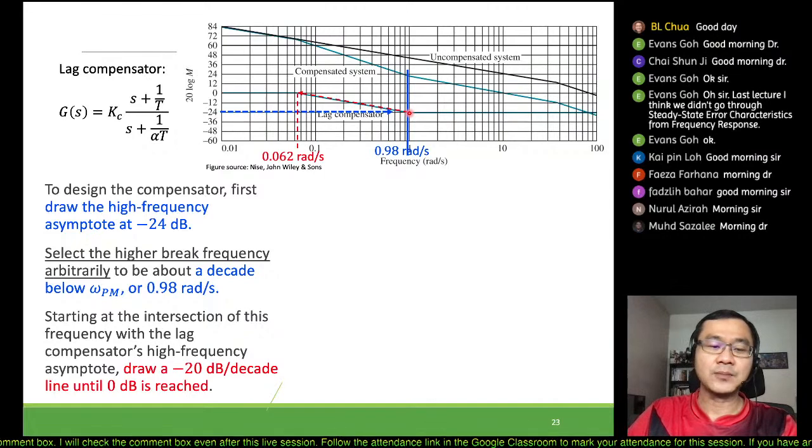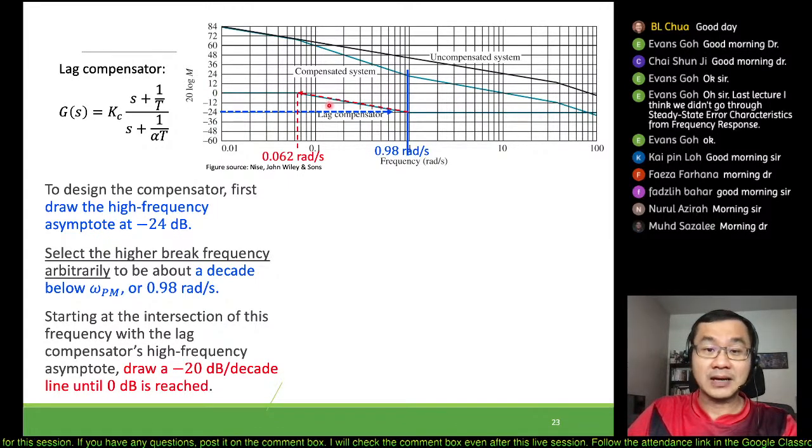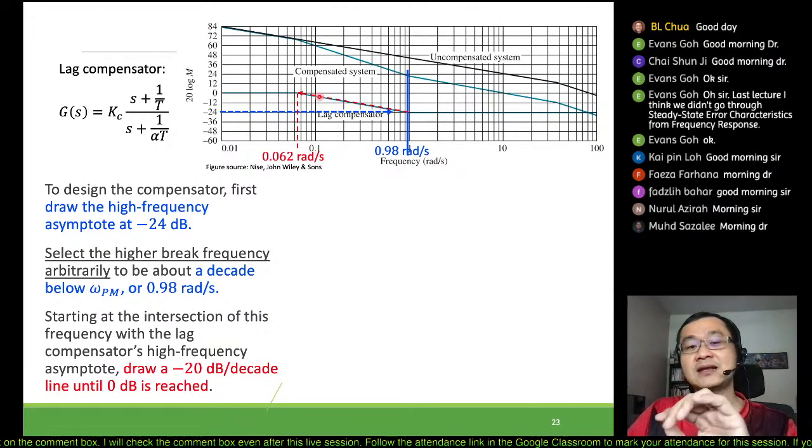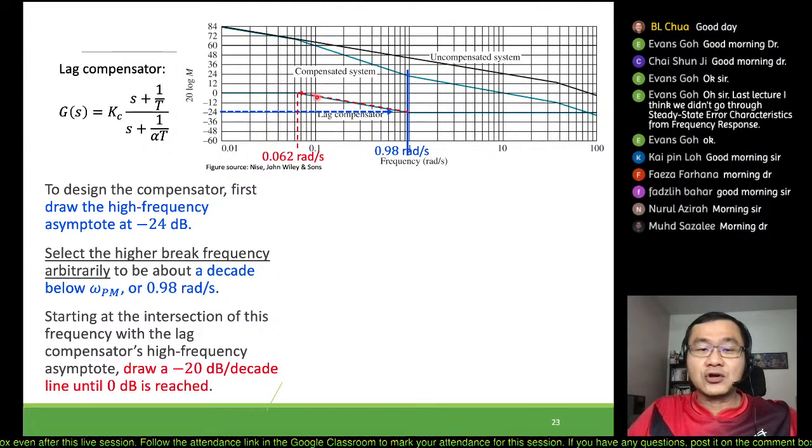At this particular point, what you need to do is draw a minus 20 dB per decade line. Remember how to draw: you put a line from 0 to minus 20 per decade, then shift this line so that you have a parallel line to it. Draw from this point with this slope until it crosses the 0 line, where 0 dB is reached.